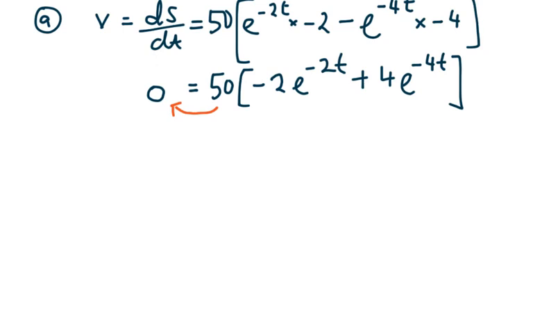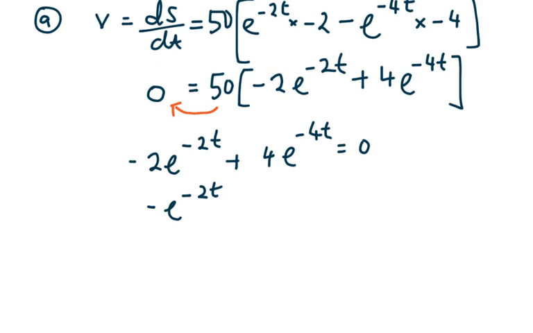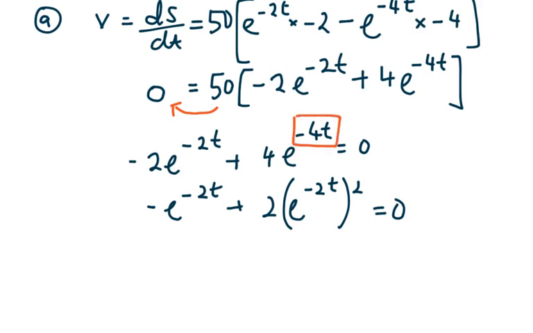Hence, you're left with an equation where you have negative 2 e^(-2t) plus 4 e^(-4t) equivalent to 0. The next step can be dividing the whole equation by 2. So you will be getting negative e^(-2t) plus 2 (e^(-2t)) to the power 2. I am factorizing this particular part.